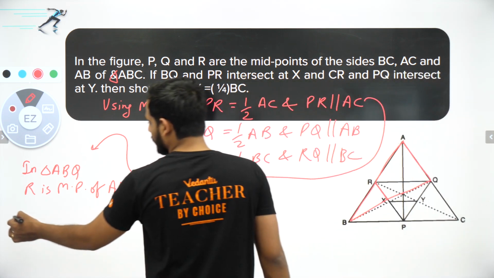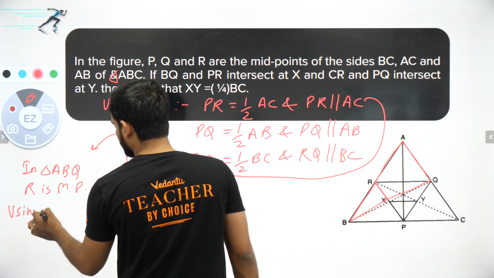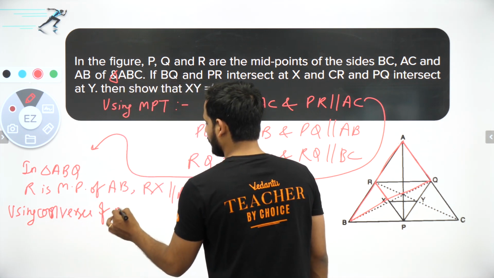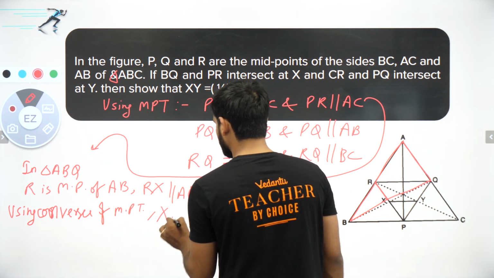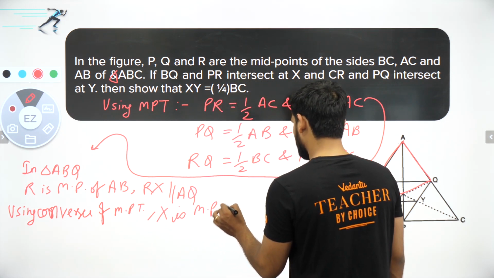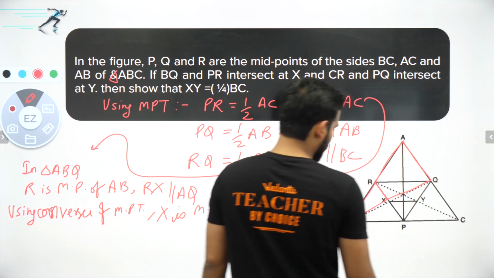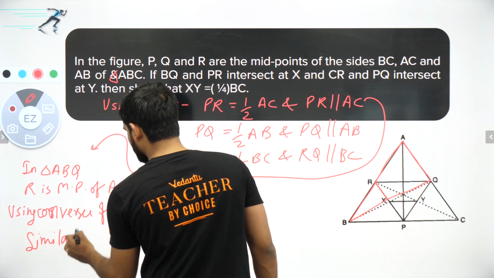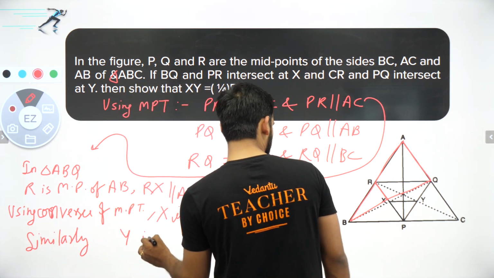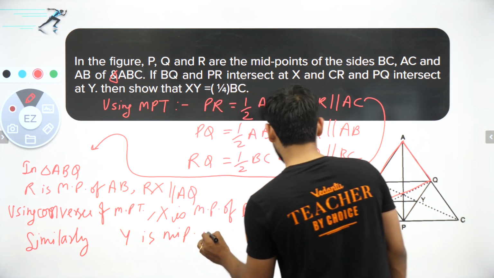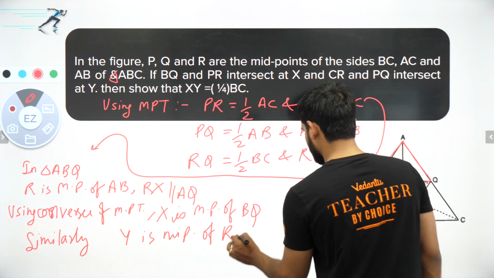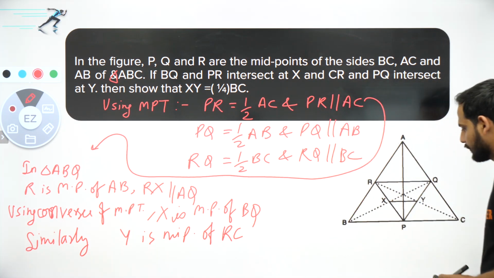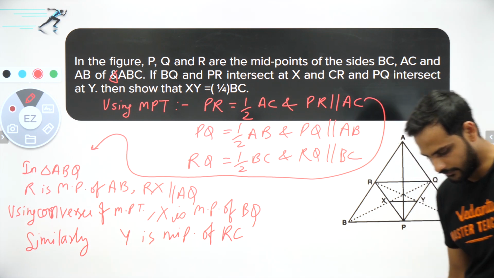So using converse of MPT, X is the midpoint of BQ. Similarly, you will choose another triangle and you will get Y is the midpoint of RC. So X is the midpoint of BQ and Y is the midpoint of RC.